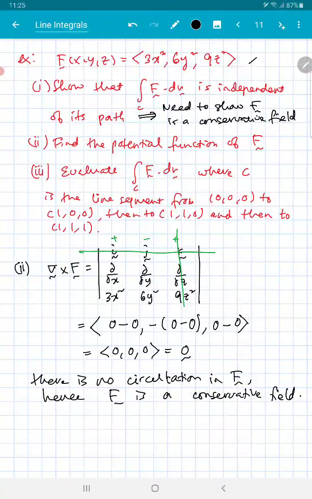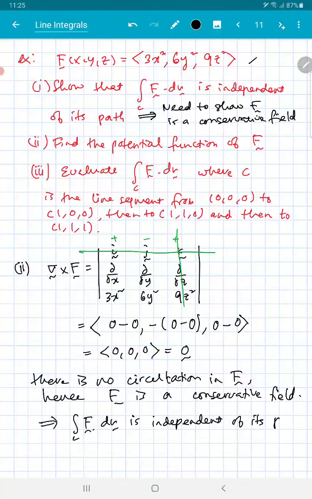So for a conservative field, F dot dr is independent of its path, or you can say does not depend on its path.